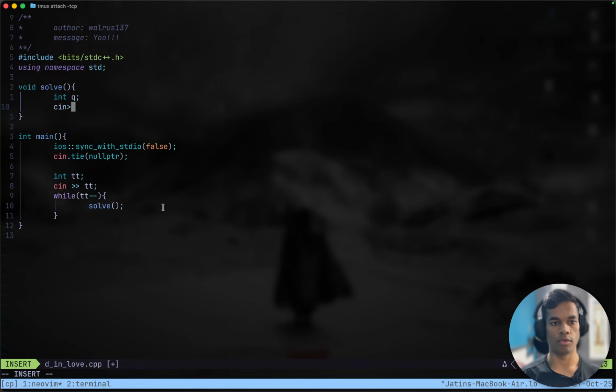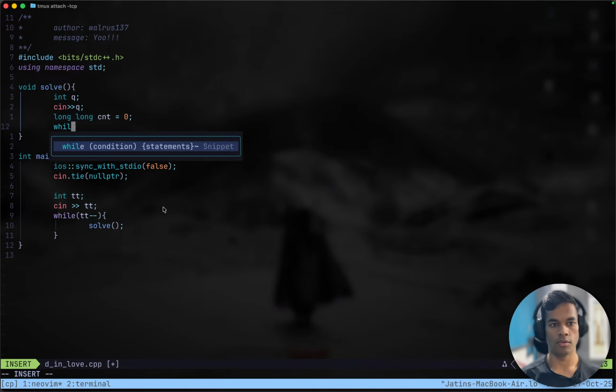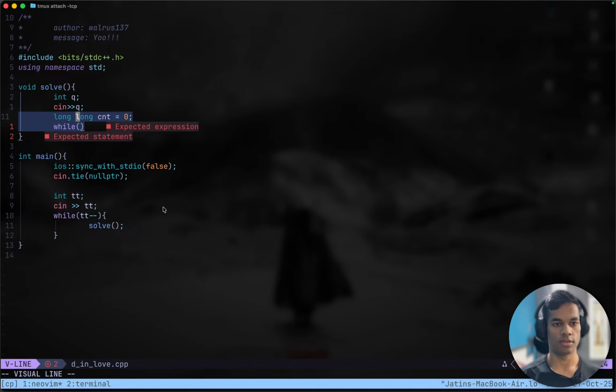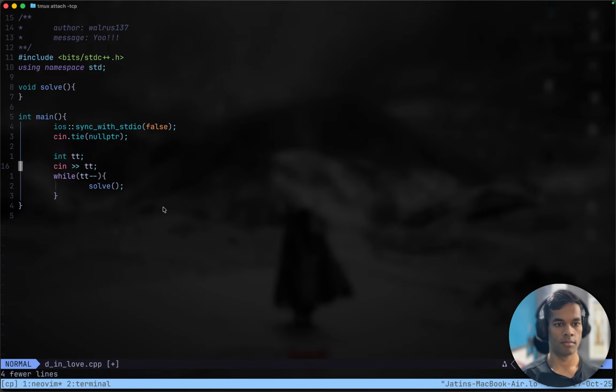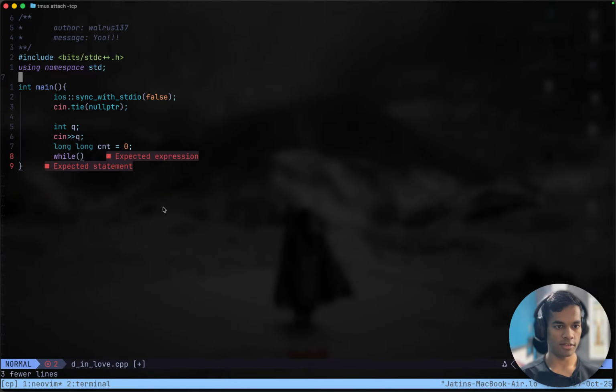Now we take n and q, the number of queries, and long long cnt initially equals 0, because we do not have multiple test cases in this one.